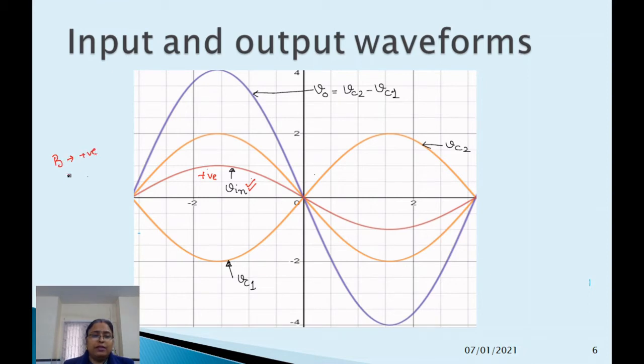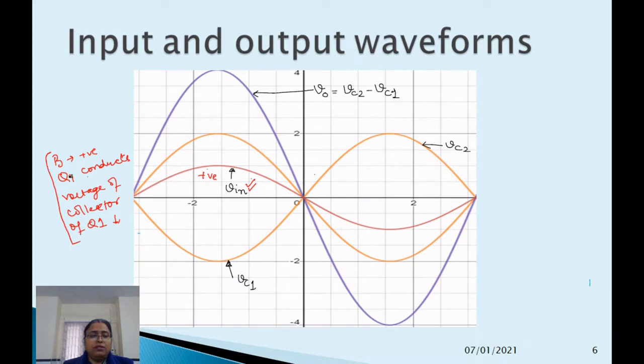As a result, the transistor Q1 conducts. When Q1 conducts, the current starts flowing, and the voltage that appears at the collector of Q1 will become low, that decreases.